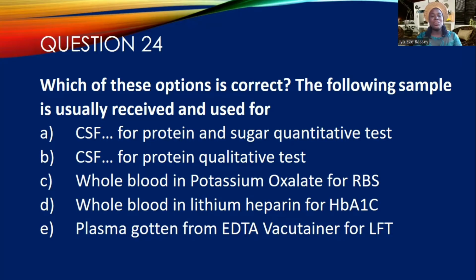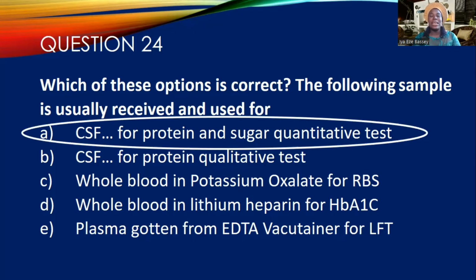E, plasma gotten from EDTA vacutainer for LFT. No, you don't want to be using all those, okay? So between A and B, which one do you think is the correct answer? Remember that one is quantitative, the other one is qualitative. So usually if you are going to go through the rigors of getting CSF, you want to do a quantitative test. So your answer is A.